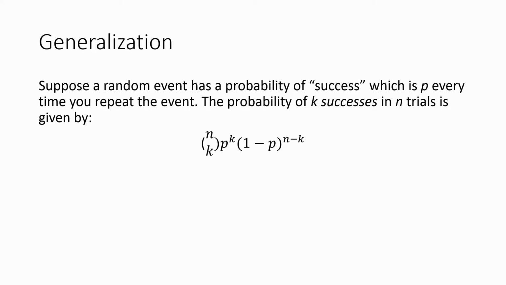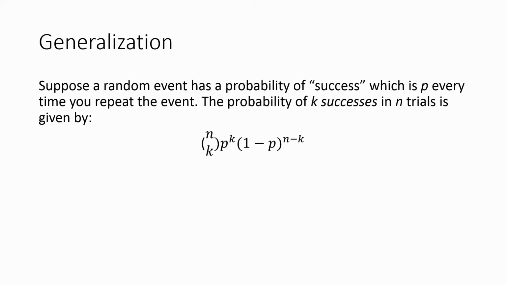Then the probability that you have k successes when you do it n times is n choose k, like that 8 choose 2, times p to the k, that was the 3/10 squared, times 1 minus p to the n minus k. So 1 minus 3/10 is 7/10, and n was 8, and k was 2, and 8 minus 2 is 6.